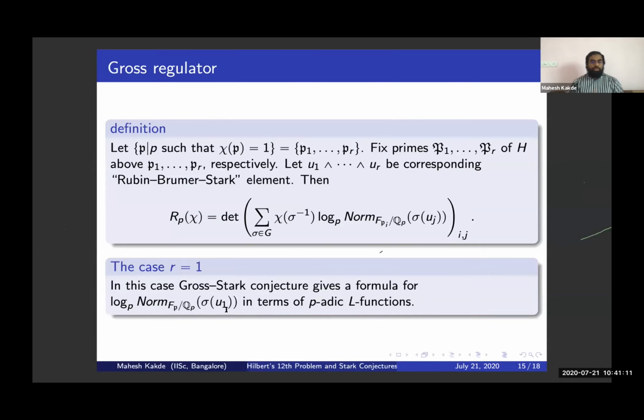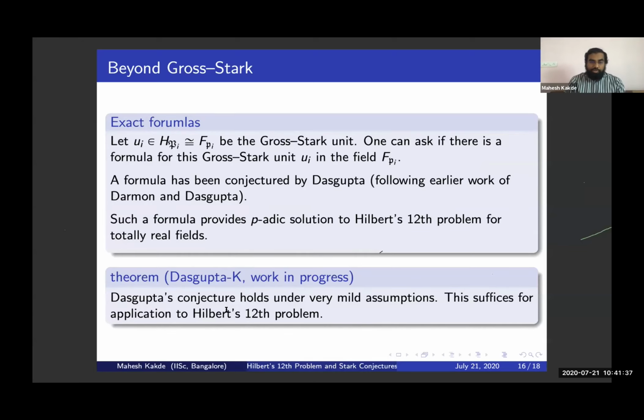So you get more information than just the order, right? The order just tells you something about the p-adic order. Now you know what the norm is in QP. But of course this still loses a lot of information. One way to think about it is you're given a complex number and you're given just its absolute value. So it loses a lot of information.